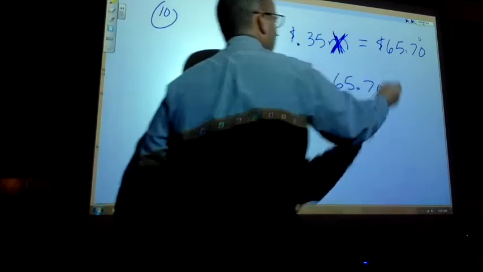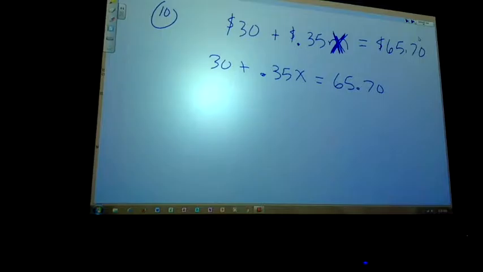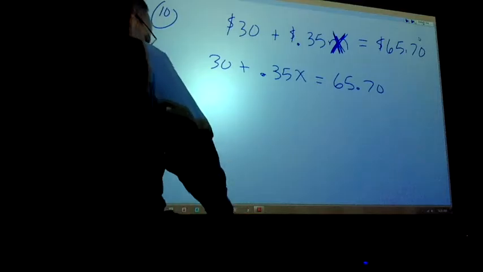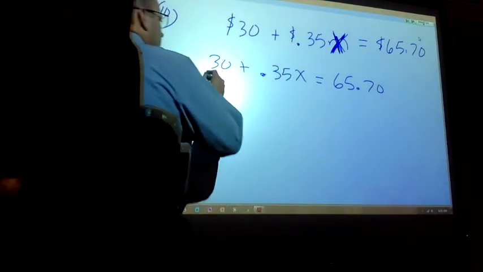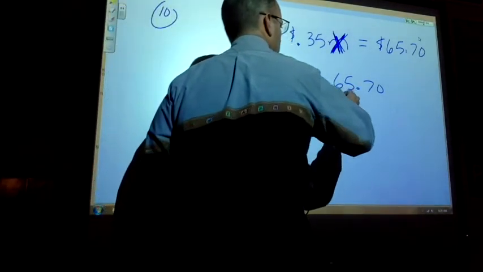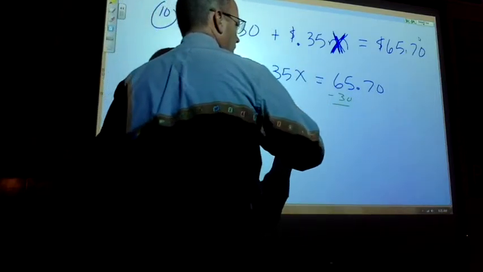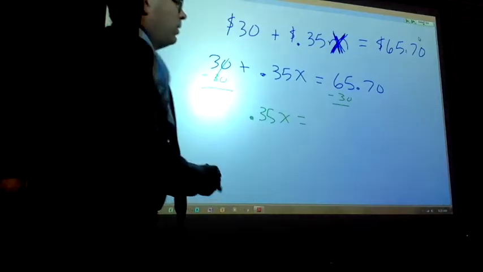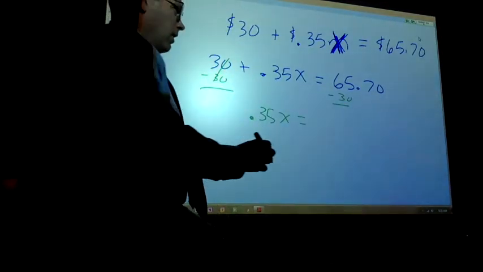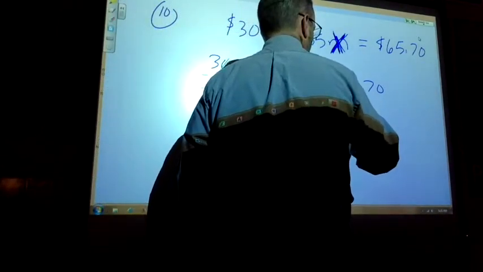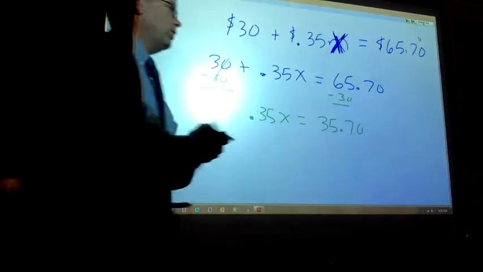Is that okay so far? How should I go through and start solving that? Subtract the 30 from each side as the first move. So you get 0.35x equals 35.70, and to keep it in the context, we should do that.